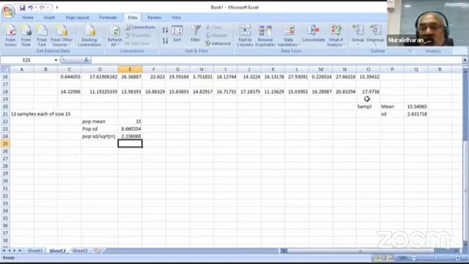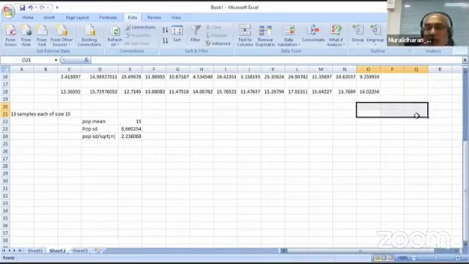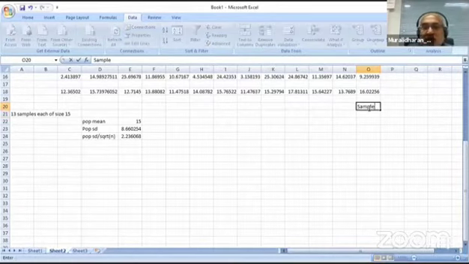So this is how the standard deviation is coming out. Now again, let me compute the sample related information. Because I have done the sampling, I have the mean now. So I will now see what is the mean of the means.